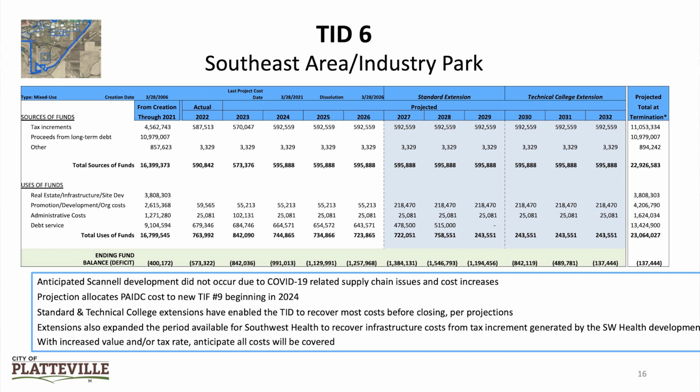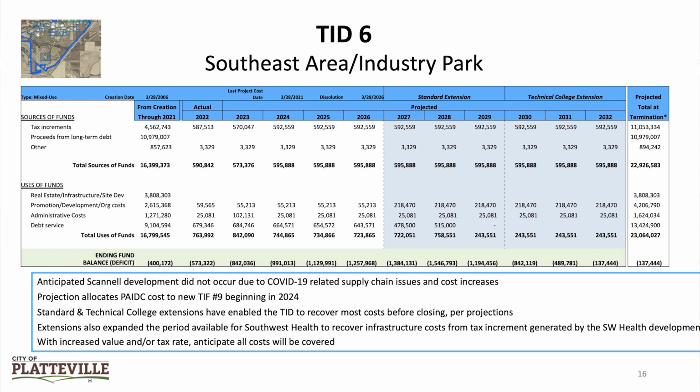So one of the things that is reflected in this projection is that the PADIG cost, which is the Platteville Area Industrial Development Corporation, is currently being paid by TIF 6.